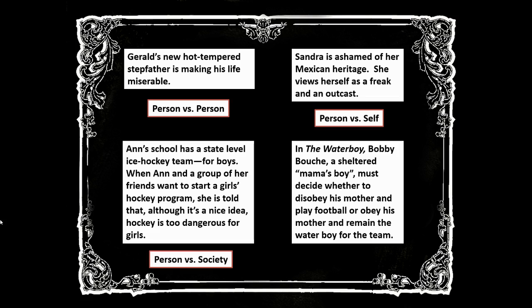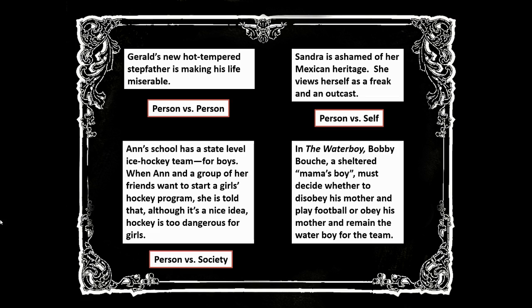It's also person versus person, whoever's telling Anne, maybe the school board or the coaches, that she can't play hockey. But the fact that they say hockey is too dangerous for girls, that's sort of a view that a community might have. So I think that's person versus society. If you said person versus person, you can make a case for that too.